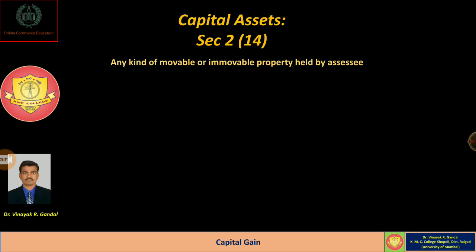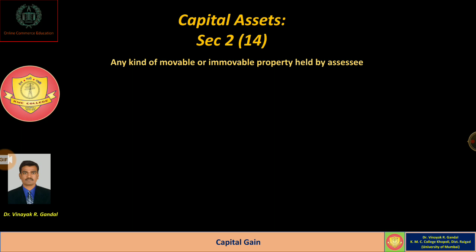Or capital asset means property of any kind held by an assessee, whether or not connected with his business or profession. And also any type of security held by foreign institutional investors which has invested in such security as per the rules under the SEBI Act 1992.